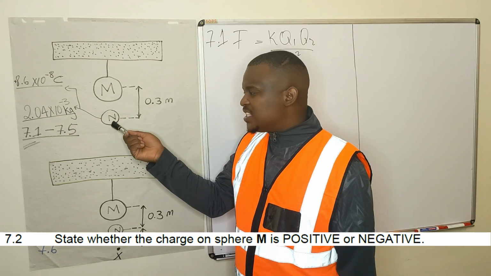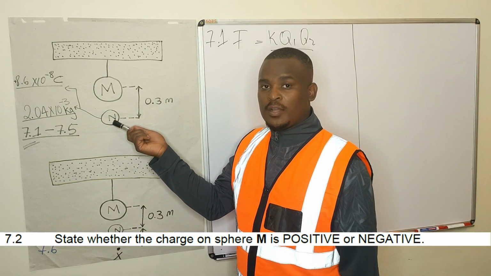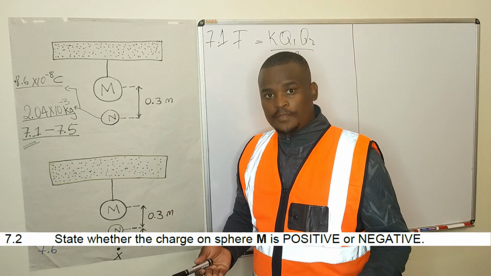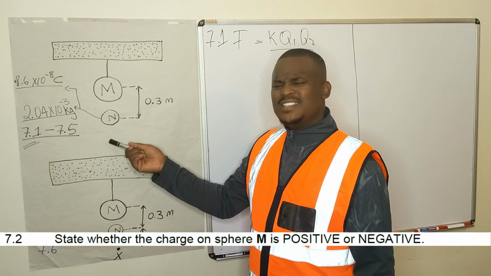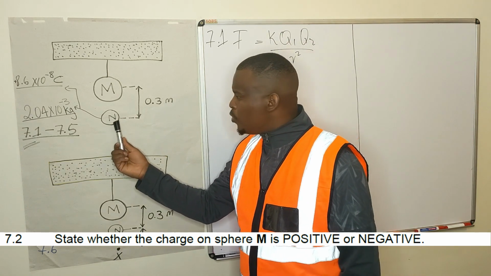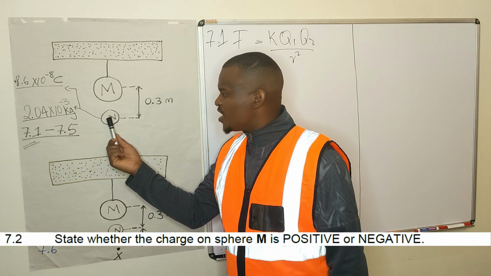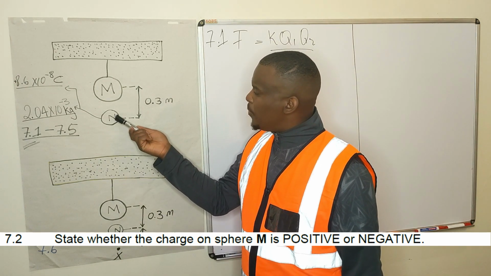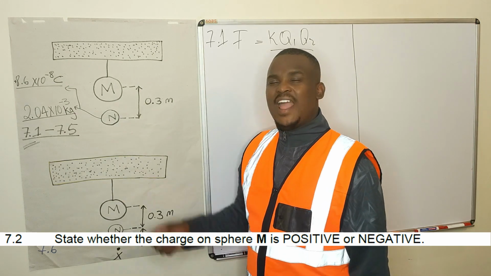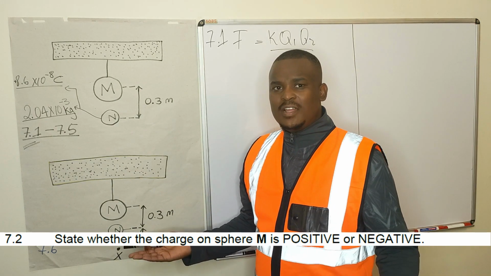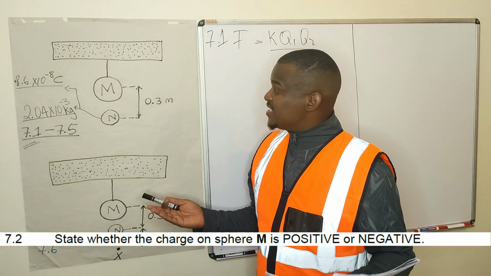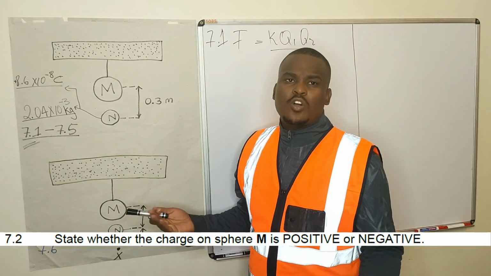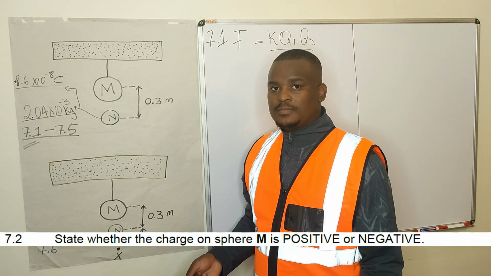So what keeps this sphere from falling? If gravity is pulling it down and it's not falling, that means another force is balancing gravity out, which pulls sphere N upwards. And sphere N is pulled upwards by sphere M. That's the only logical reason for sphere N to continue hanging vertically below M when it is not suspended like M is.